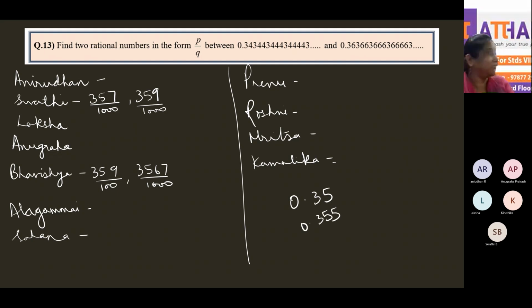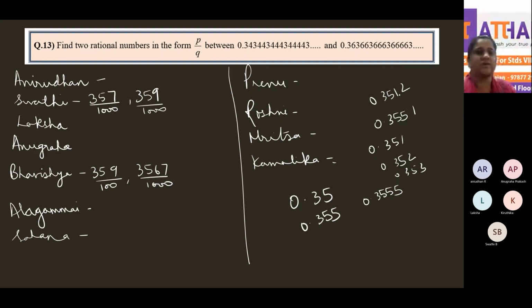0.355, terminating decimal, no. 0.3555, this is a different number. Terminating decimal. So you can write 0.351, 0.352, 0.353. You should start with 35. You can write 0.35, another 5 and then 1, or whatever 1, 2.